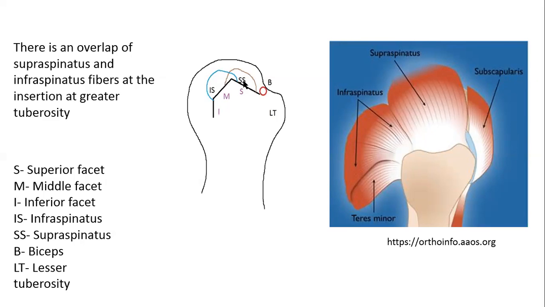Then as you're going posteriorly, there will be a region where you will not see a nice parallel arrangement of collagen fibers. This region is more diffuse and gives you an appearance more seen in tendinosis, because you will not see the parallel arrangement of the fibers.